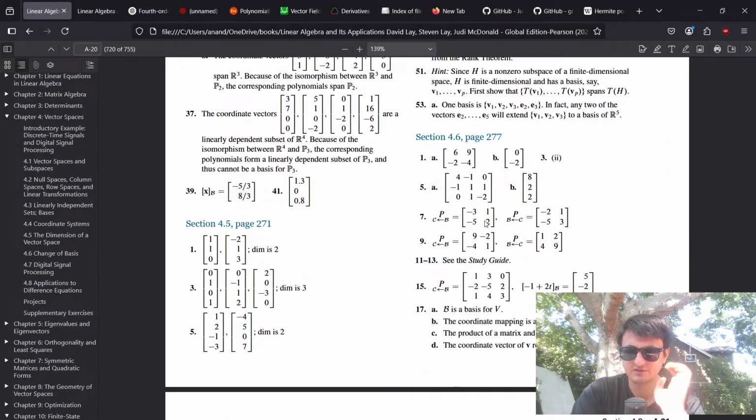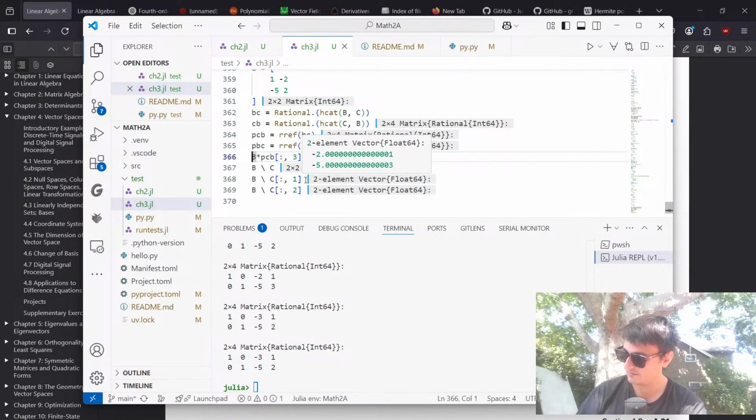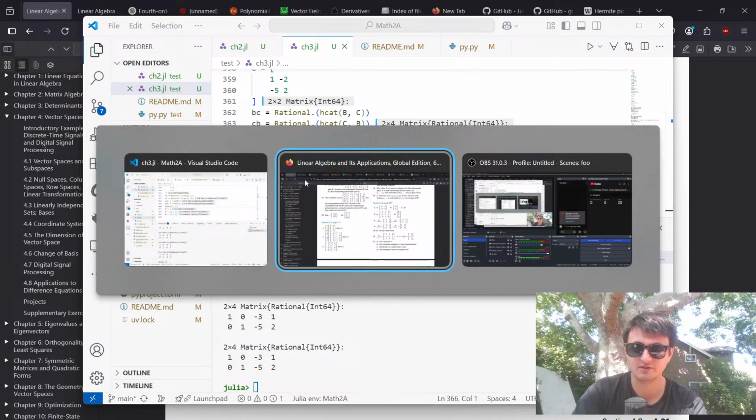So this was 7. From B to C is equal to -3, -5, 1, 2. From B to C. Good. All right, we did it.